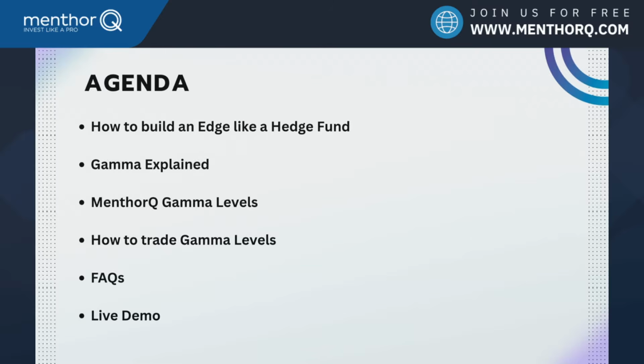We're going to answer questions like: how can I use gamma levels? How can we be more successful, and how can we eventually improve our strategy using data? Today we're going to share a lot of insights and hopefully give you an idea of how you can trade like a hedge fund and leverage data to improve your strategy, and we're going to show some live examples as well.